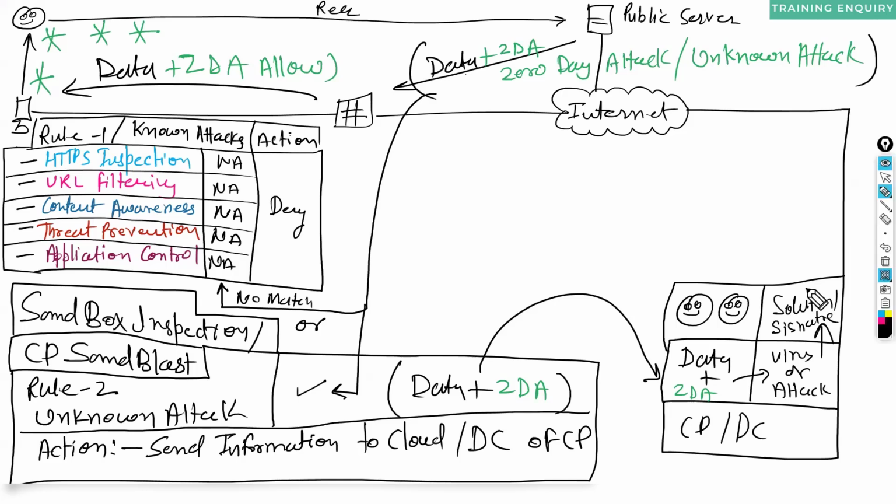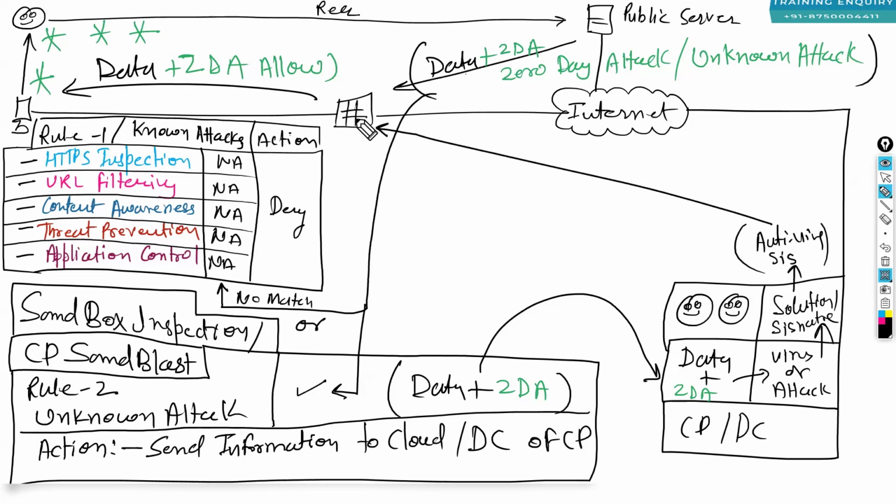Now those signatures will be sent to the firewall. Check Point will send that solution or signature, or we can call it antivirus signatures. So that solution or signatures will be sent to the Check Point firewall.